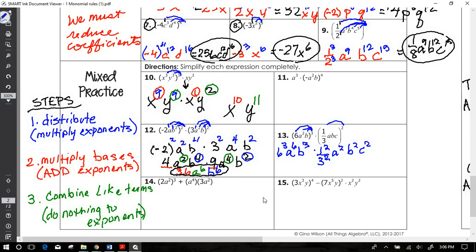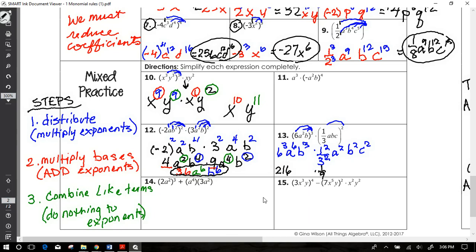Okay, now let me just figure out how to simplify these numbers. Okay, so 6 cubed is going to give me 216, and then 1 squared is 1 over 3 squared is 9.